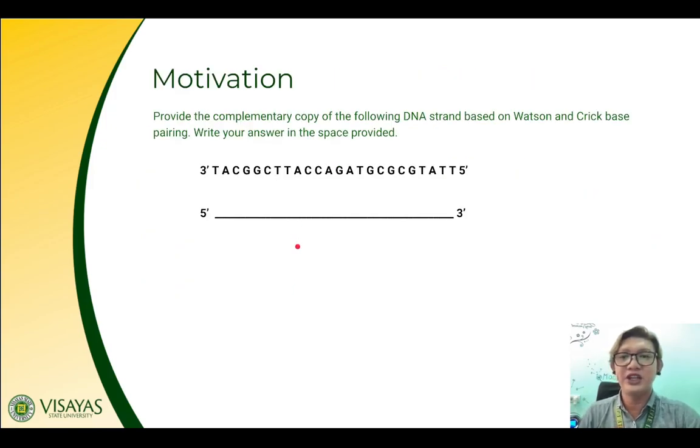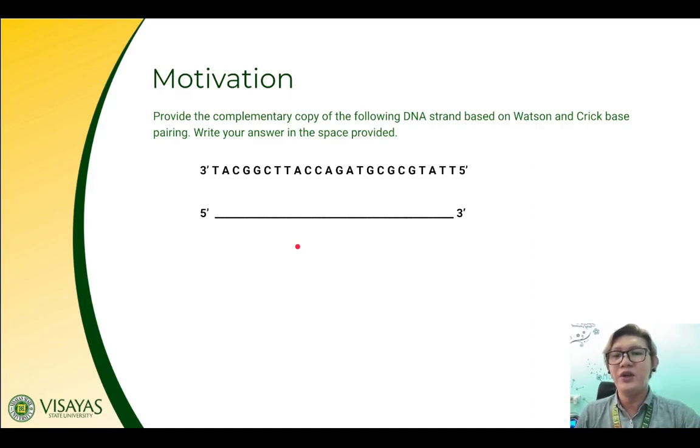Before we go into our discussion proper, let us have a quick review first on your knowledge of DNA replication. In your past subjects, you have already learned how to make a complementary copy of a DNA strand.